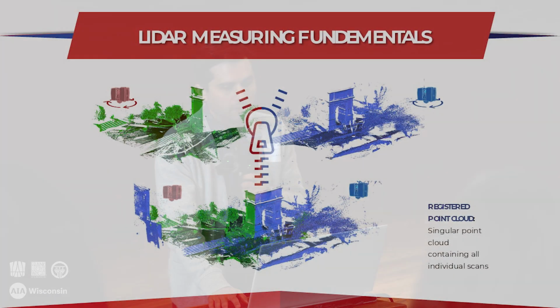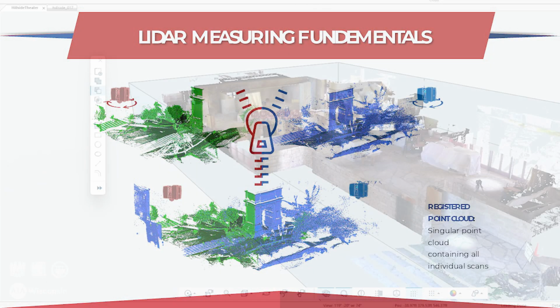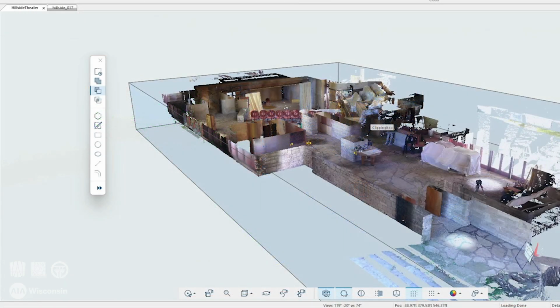So a registered point cloud is a term that we'll continue to use throughout the slides, but really all that means is that post-processing has occurred and all of those individual setups have been tied together. So whether you're applying that to scanning a car or a monument or a building, it's essentially the same process. As I always like to say, if you can see it, you can scan it.